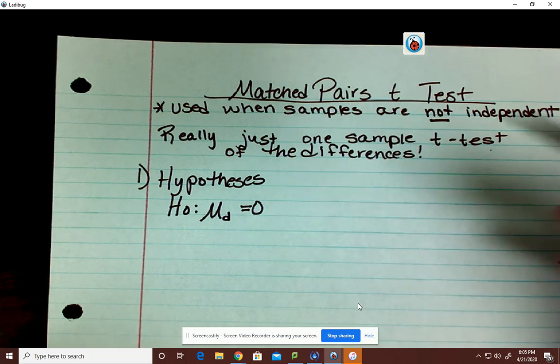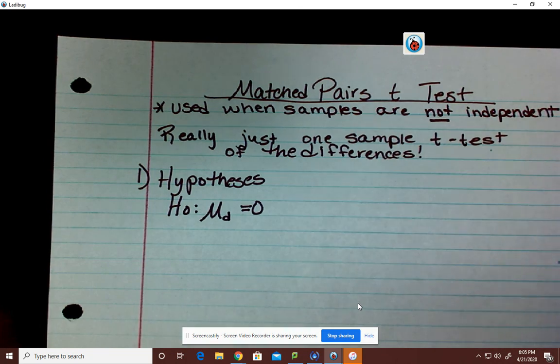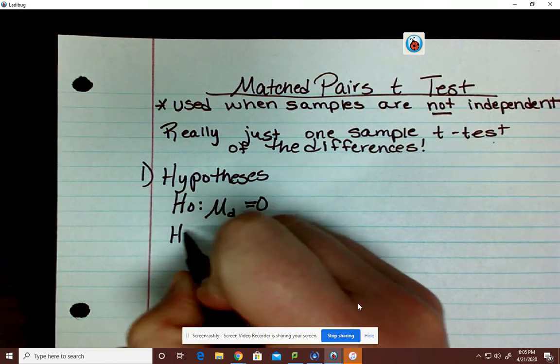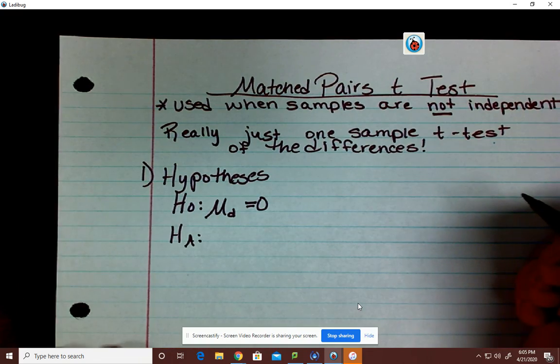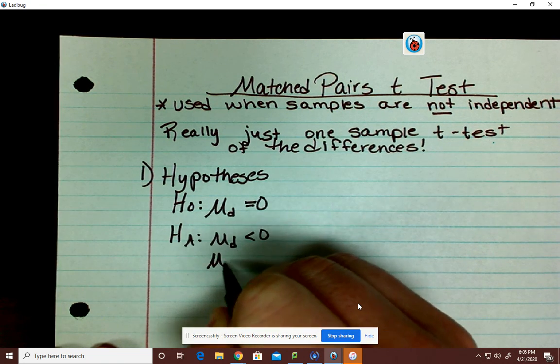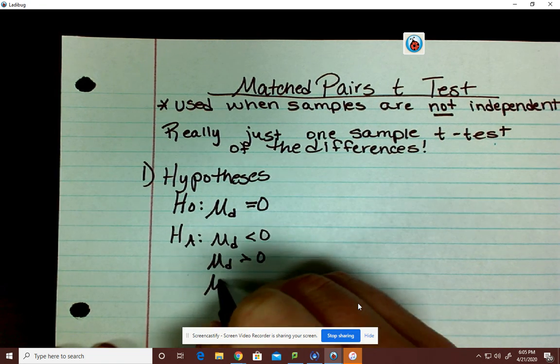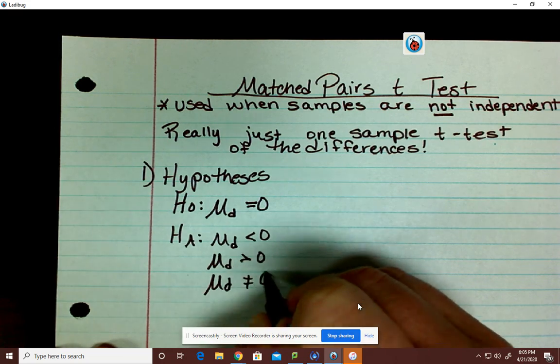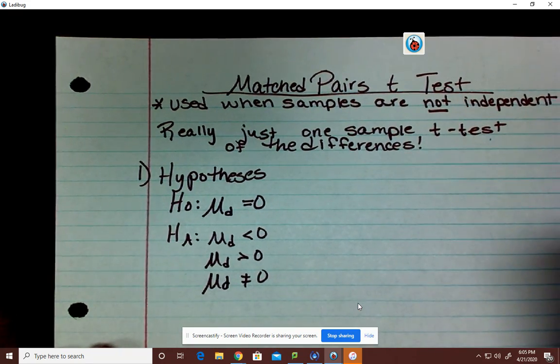That's the null. So the difference is 0 is really what that's saying when we're looking at the pairs. And then your alternative is that it could be less than 0 or greater than 0 or not equal to 0 like we always look at.